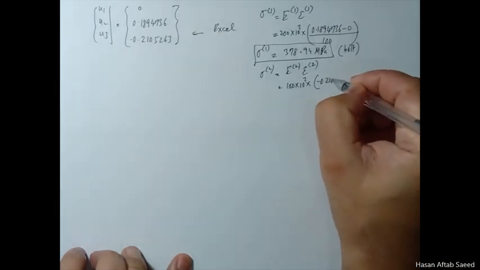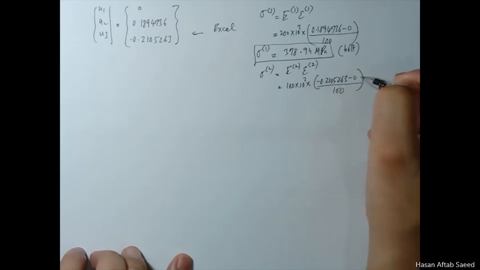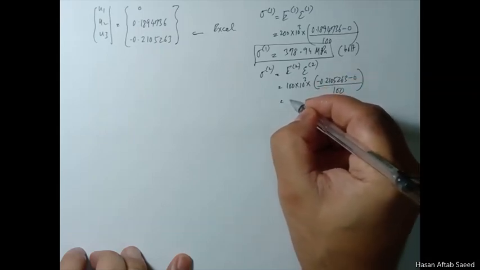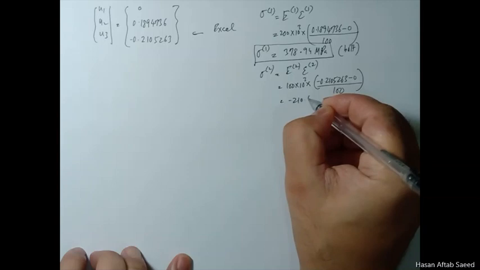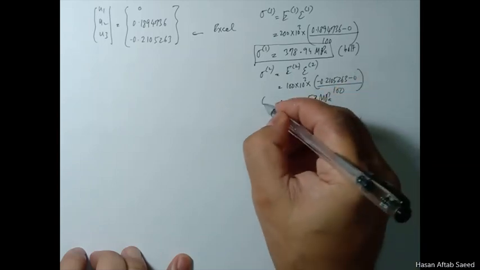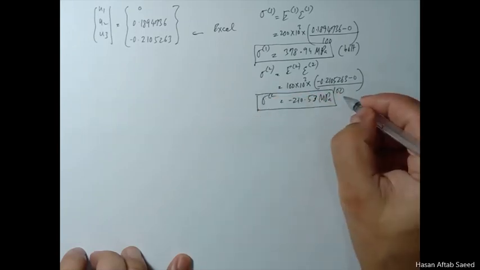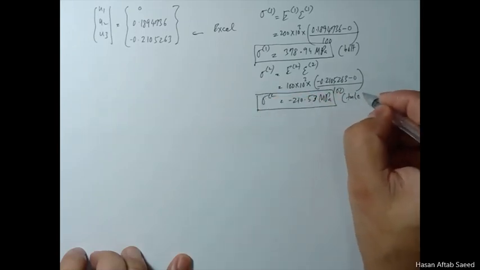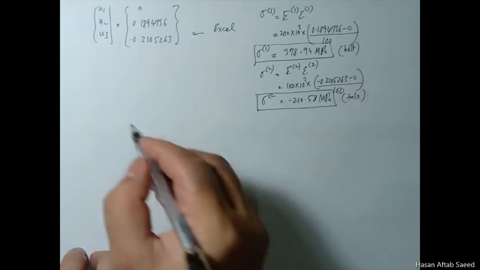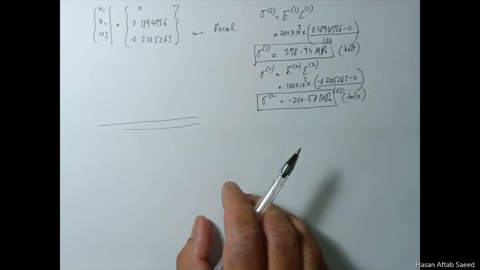Minus 0.2105263 minus 0 over 100, which is minus 210.53 MPa. Tube. Now, your question actually ends here.